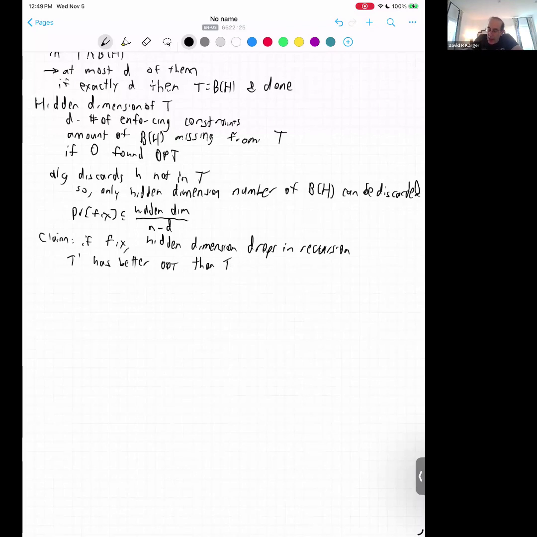And that means that all previously enforcing constraints for T are also enforcing for T prime.